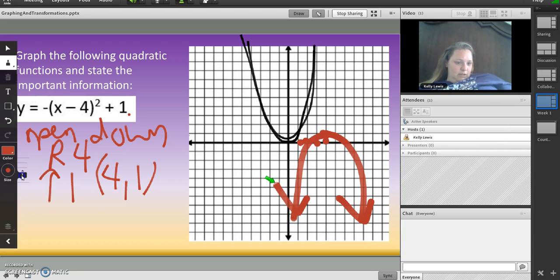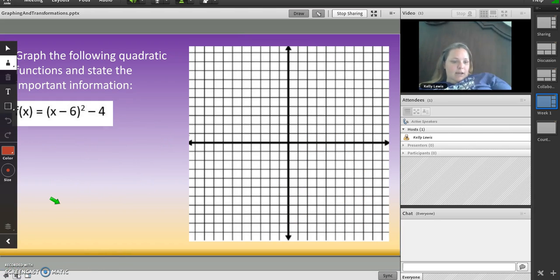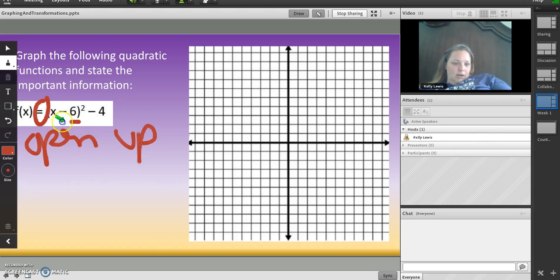All right, let's do this guy. So here, it's positive right there, so he's just going to open up normal. It's negative, so it's not going to go left. He's going to go right.